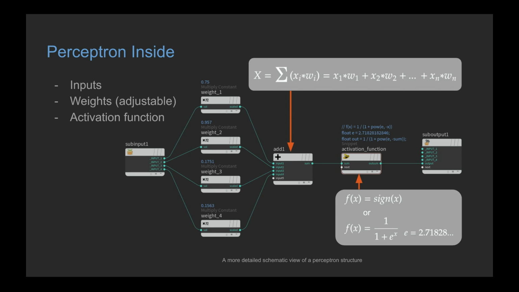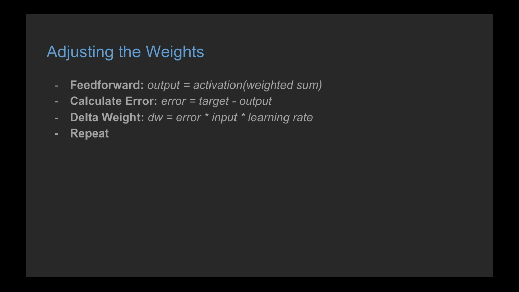It's not that complex. I mean, a couple of nodes, honestly. And this is what's called a feed-forward algorithm. So you're feeding your information from the input to the output. In case of more neurons in a larger network, it's going to be several steps. But in our case, with a simple perceptron, it's just those basic math functions. Once you get that output, you want to know how it relates to your target output.